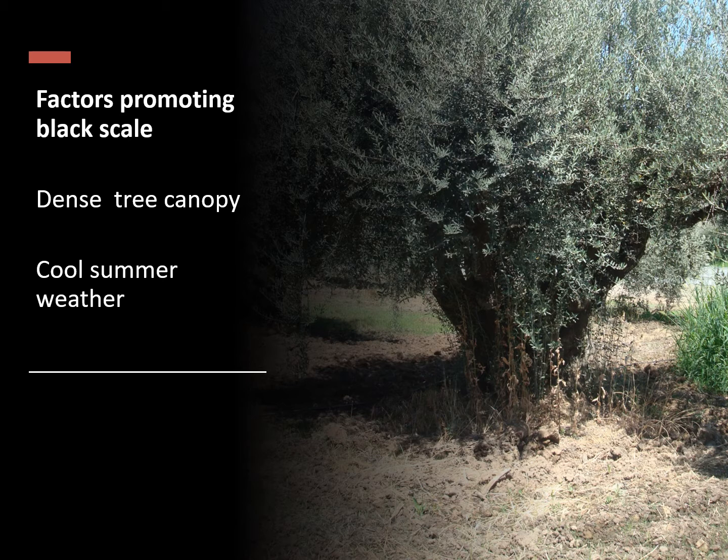And so I kind of figured it was probably getting over-irrigated. So when I looked up black scale, I saw that the factors that promote black scale are a dense tree canopy, like this one in a commercial orchard where I found black scale, and cool summer weather. Well, the year I got that call from my former county director, it was a cool summer.